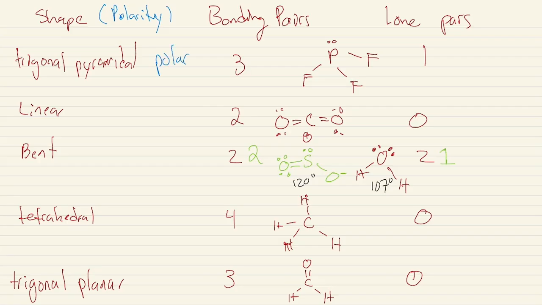How do we justify that? Well, this lone pair, right? What's more electronegative, phosphorus or fluorine? Fluorine, right? Fluorine is the most electronegative element. So it's going to be pulling or pushing electrons? It'll be pulling them.